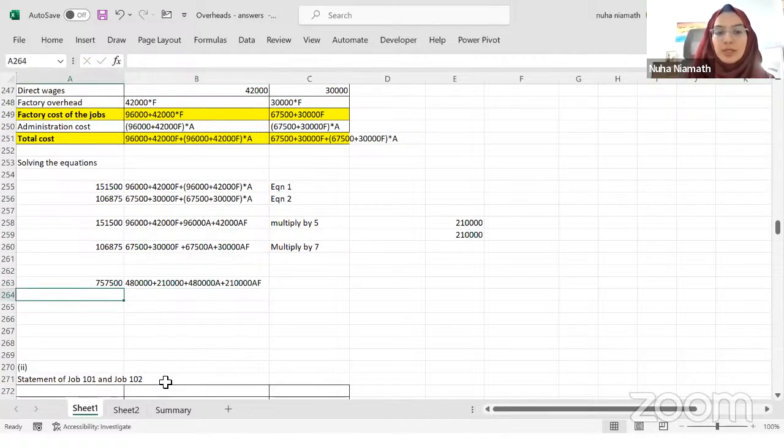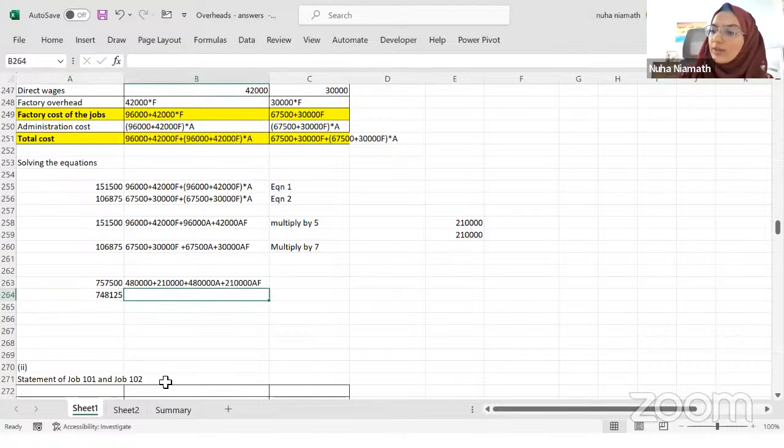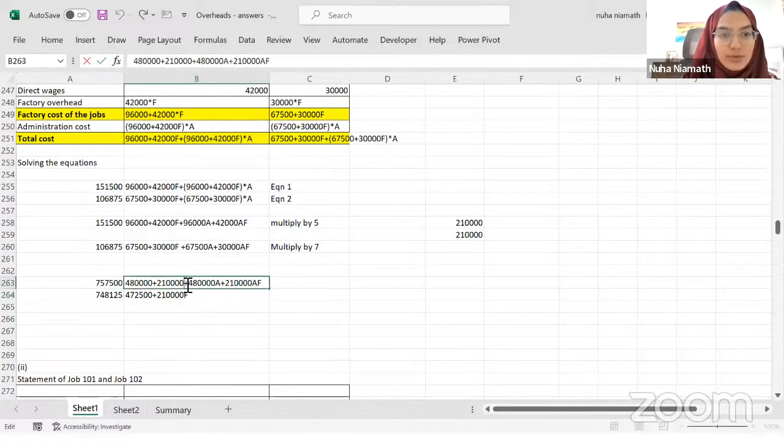The second equation will become 106,875 into 7, which is 748,125. Then 67,500 into 7 will give us 4,72,500 plus 30,000 we already know will give us 2,10,000. This is F over here. I think I've missed the F here.